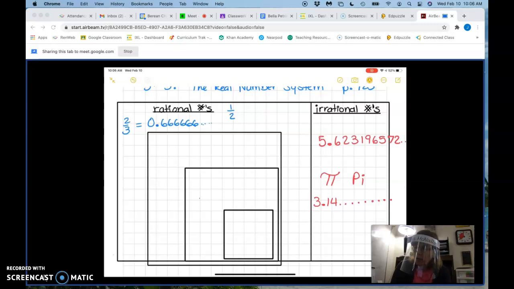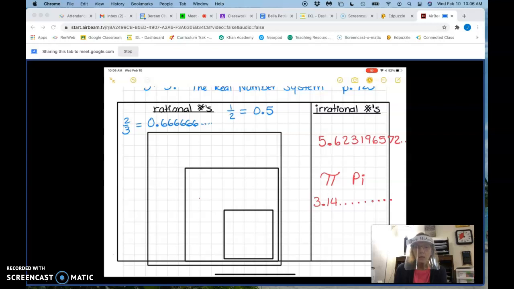So the 6 keeps repeating, but since it's a repeating decimal, it's rational because it's just saying the same number over and over. So any fraction that you can divide out that equals a decimal that either ends, like 1/2, if we divided that, it would be 0.5, so that's like a real short decimal, or a decimal that keeps repeating itself.